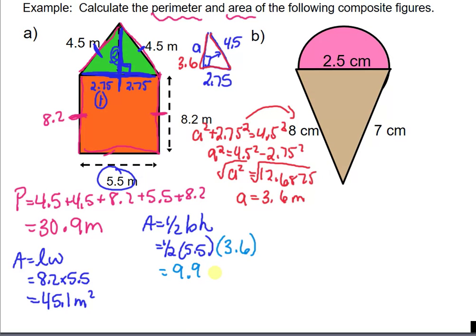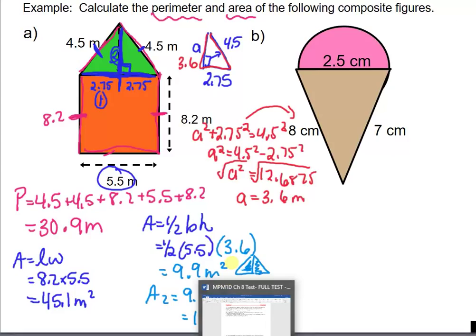But we only calculated this triangle. We need to multiply this by 2 in order to take into account the other half of the triangle. So the area of the second figure is 9.9 times 2, and we get 19.8 meters squared.